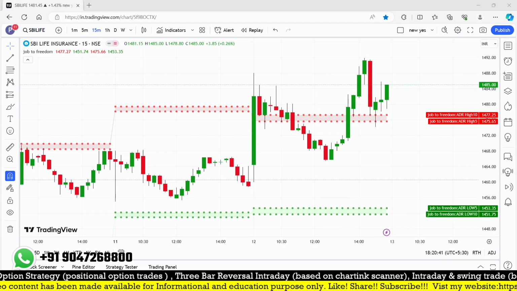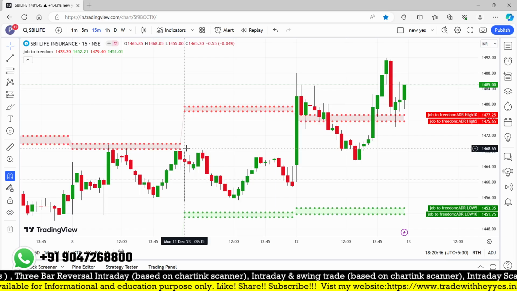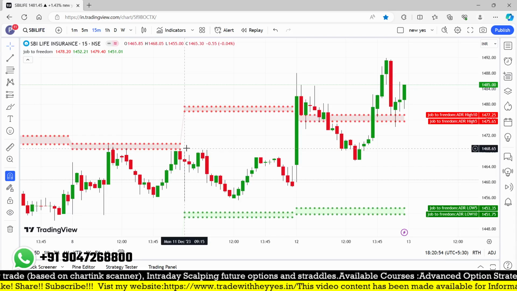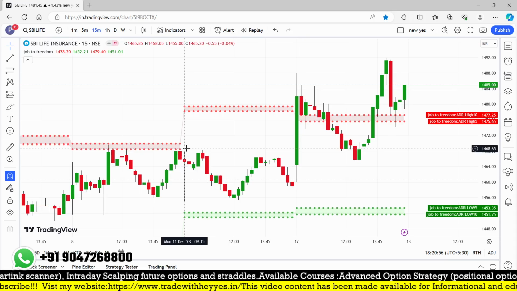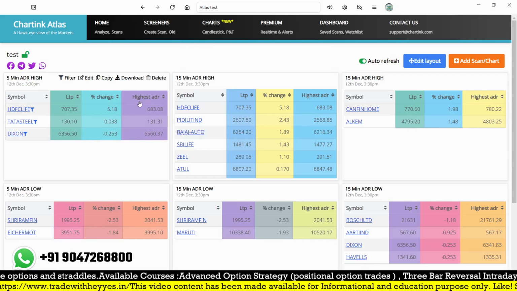But for some stocks, 5 may be the higher level and 10 may be lower than 5. So it depends on the stock and the previous movement. Don't get confused: the highest level and the lowest level may be either 5 or 10. We are calculating which stocks close above that level.